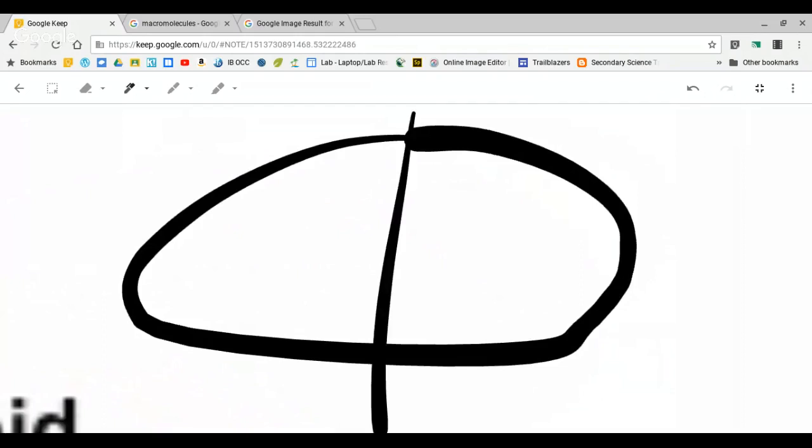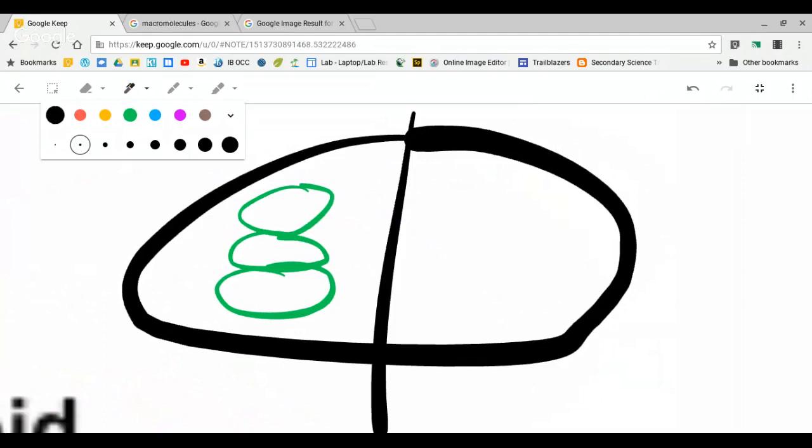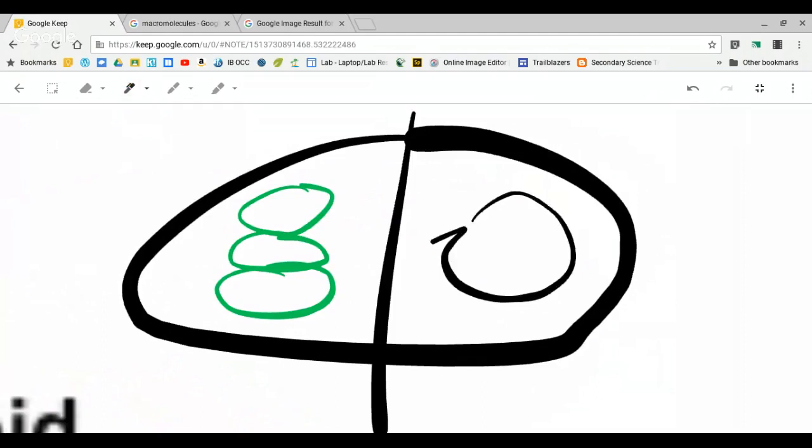On one side, you had the thylakoids stacked up. On the other side, we had the Calvin cycle. On the left are the light-dependent reactions. They obviously need light.